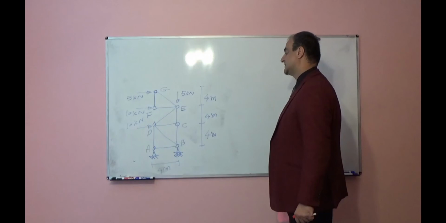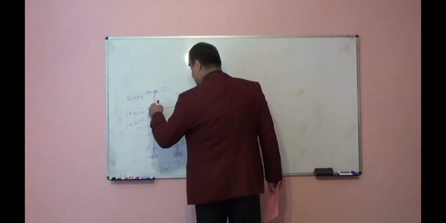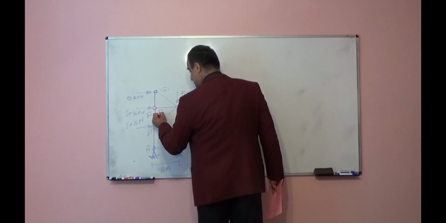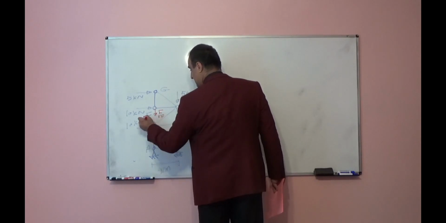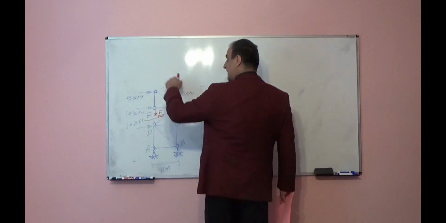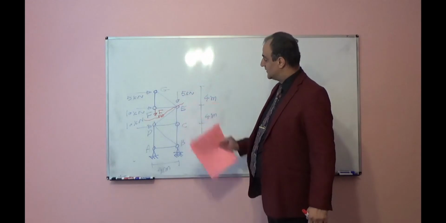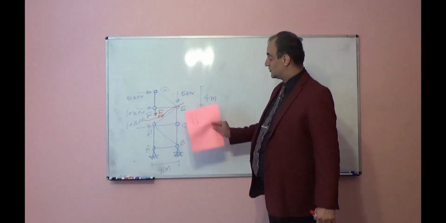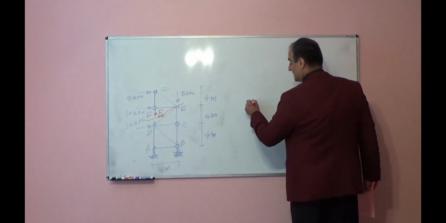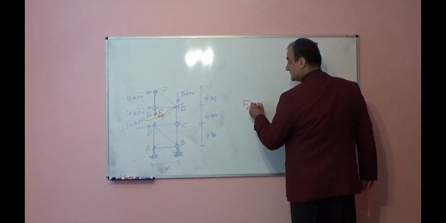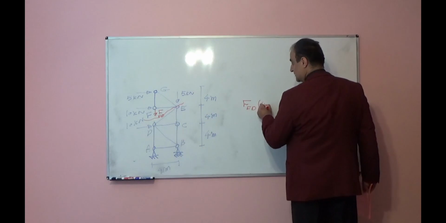So that tells us there is a tensile force here. If I cut this and call the force FD, and keep the top side and write summation of moment only for the top side with respect to point E, I will have FD times 4.